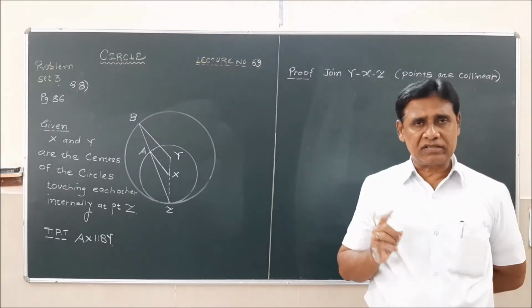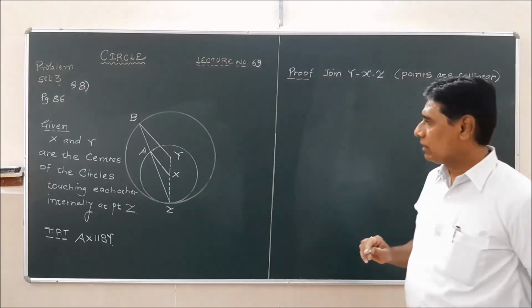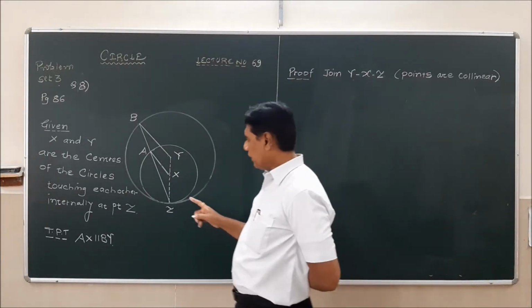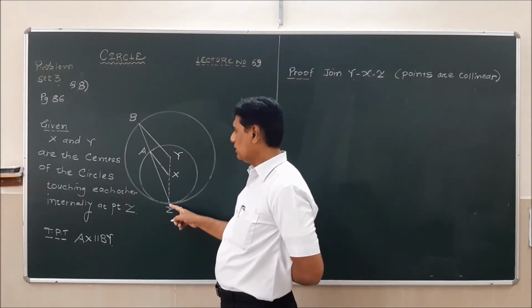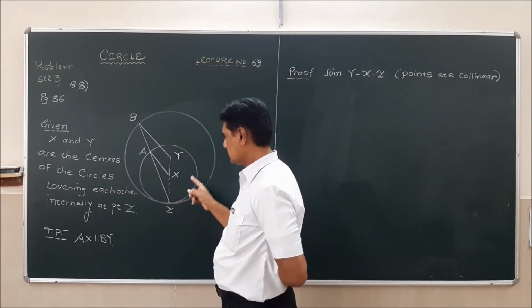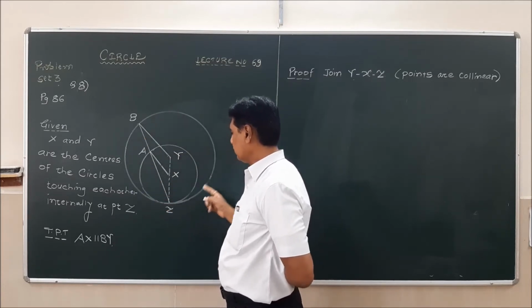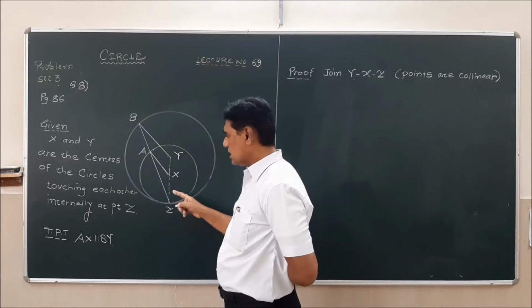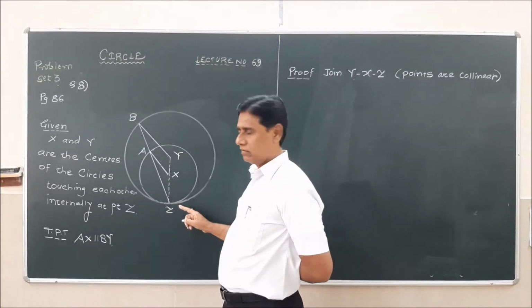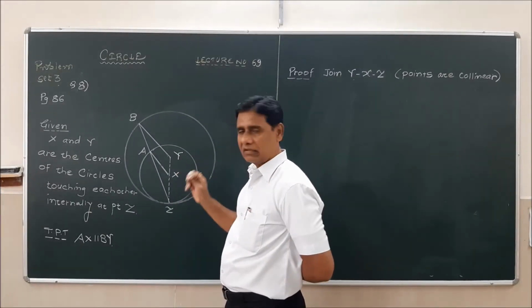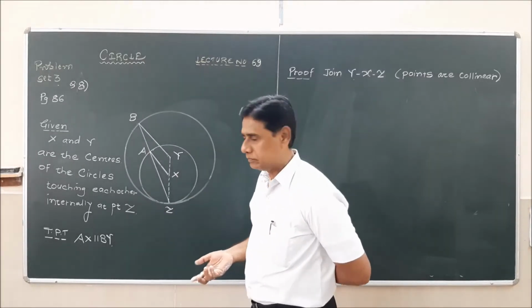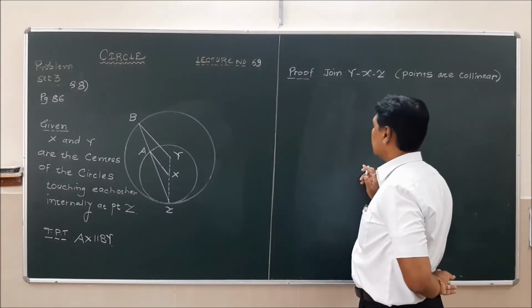Their collinear reason is very simple. The point of intersection of the circles is always collinear with the centers of the circles. That is a theorem only. So Y, X, Z are collinear.